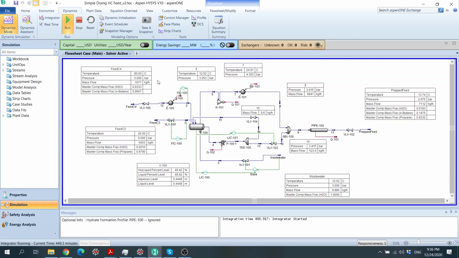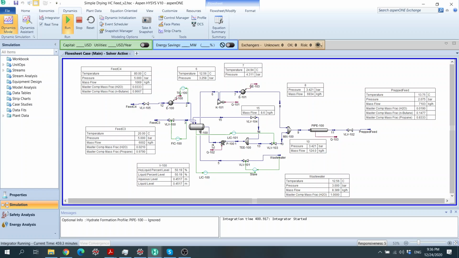All the streams coming in and out, we have to add a valve to be on the safe side. In this case the feed is added by a valve, and the one or two outlets are also with valves, and then we are good to go. Just specify the pressure in and the pressure out, and all of the equipment in between has to be sized adequately so that we can run it.